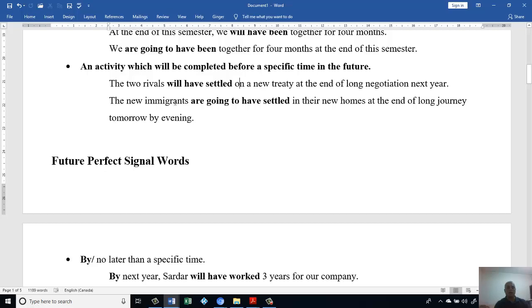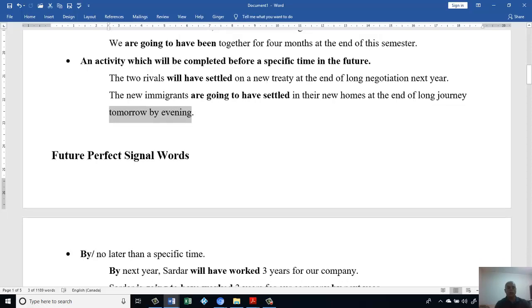The new immigrants are going to have settled in their new homes at the end of a long journey tomorrow by evening. See here, if you look at the sentences, the new immigrants are going to have settled. It means the perfect time in their new homes at the end of the long journey tomorrow by evening.